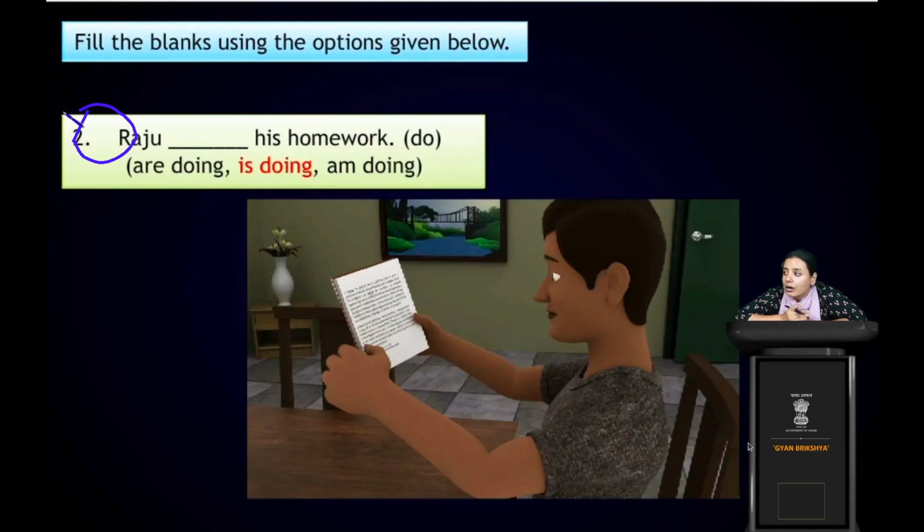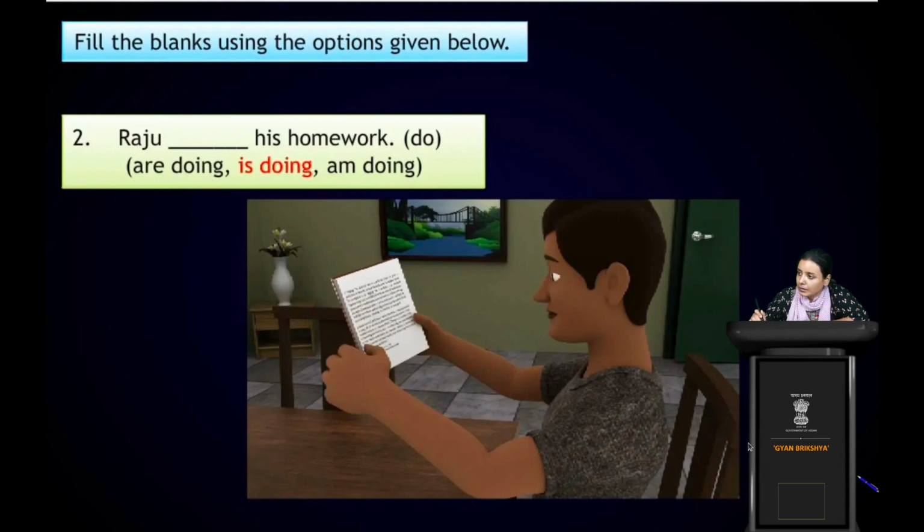There is no plural form of Raju, right? He is the only one, and his name is Raju. So Raju is, not are, not am, because we can use am with I, singular person, but not with he, she, Raju, Meena, any name. Any name we have to use is. So Raju is doing his homework. Clear?